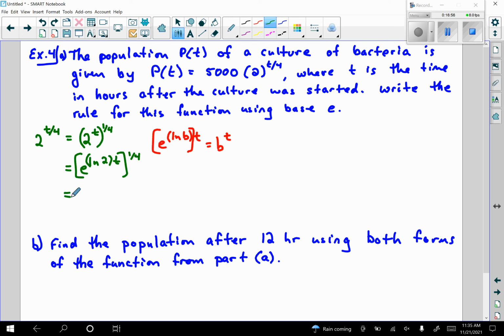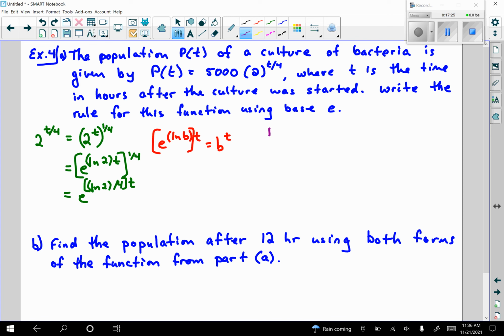And now we can rewrite this as e to the natural log of 2 divided by 4, bringing this inside and just switching the 1/4 and the t out. So 2 to the t over 4 ultimately turns into e to the natural log of 2 over 4, and then times t.